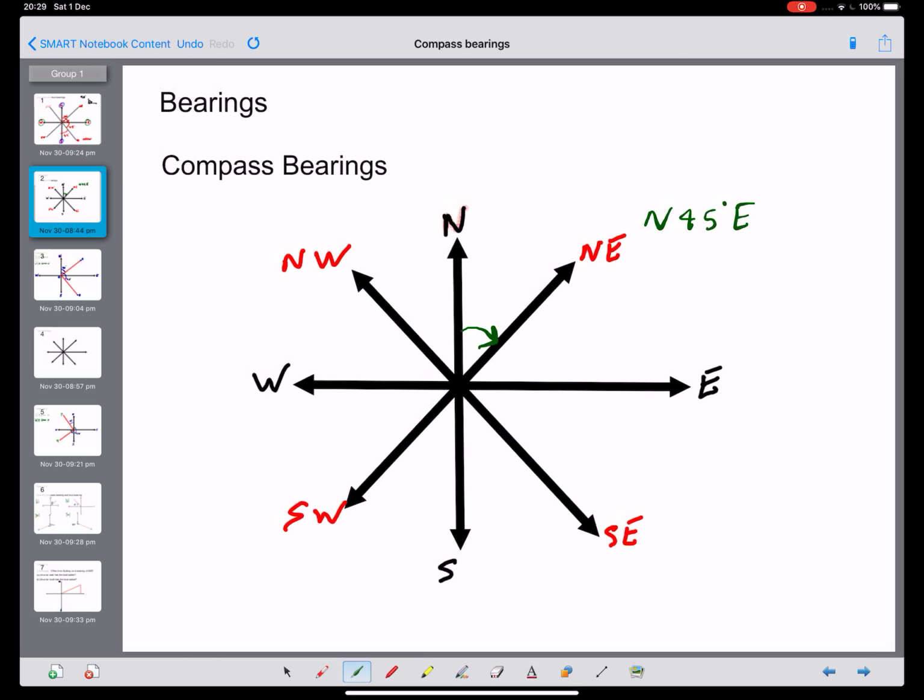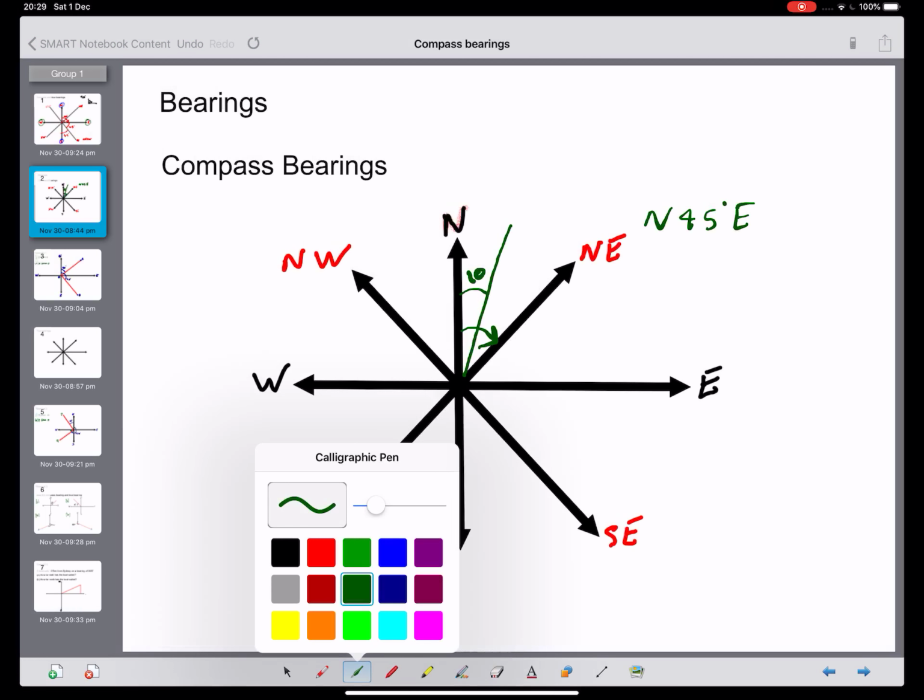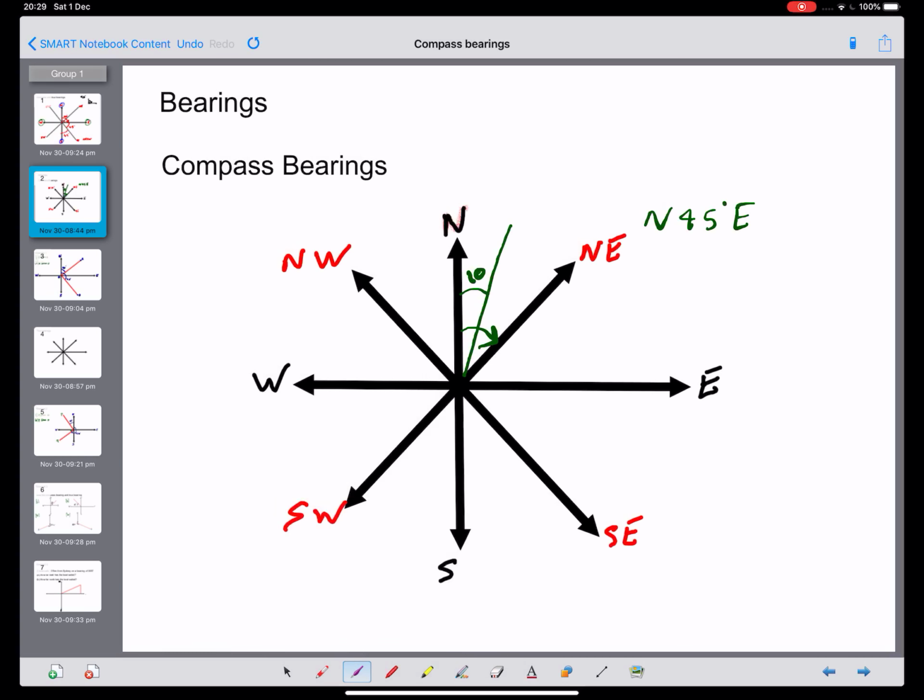So for example, if we were to name this bearing here, let's say for example this is 10 degrees, we would call this bearing, let's use a different colour, north 10 east.